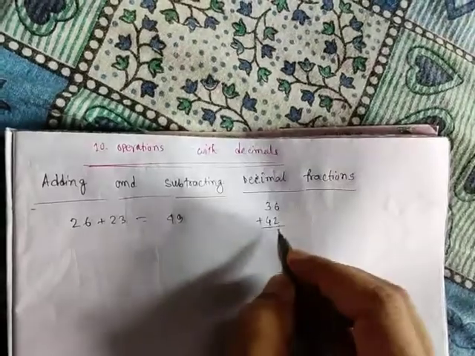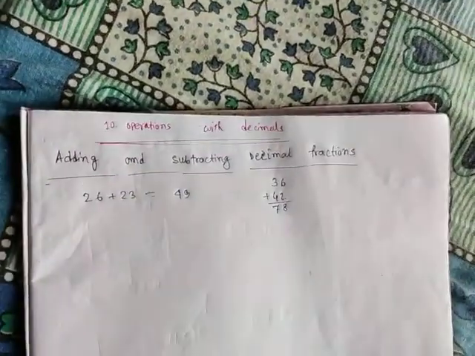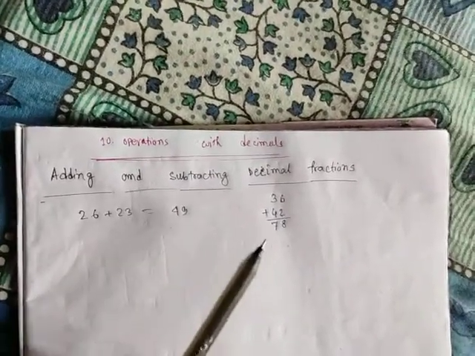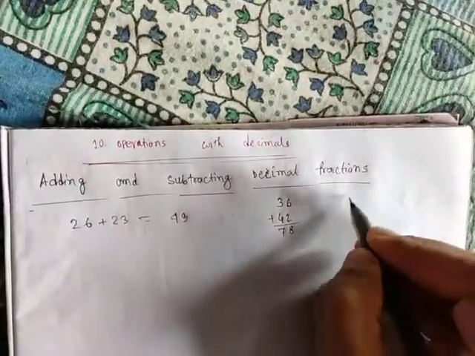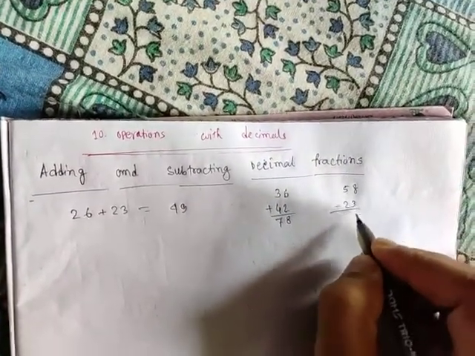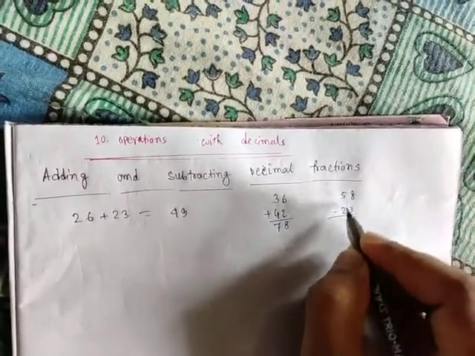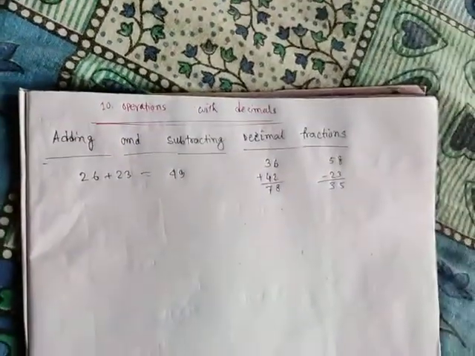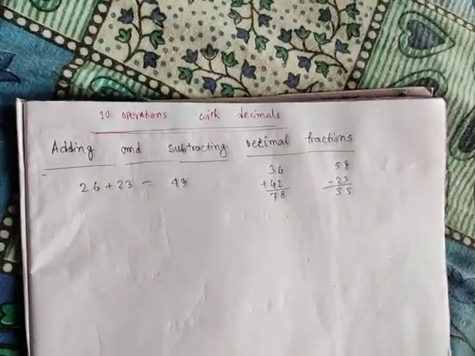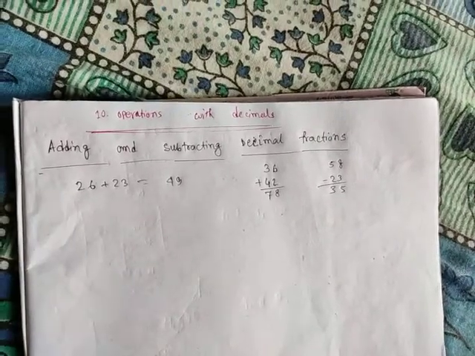In this way we have done addition and subtraction also, like 58 minus 23, which is 35. So in this way we have done addition and subtraction of integral numbers.